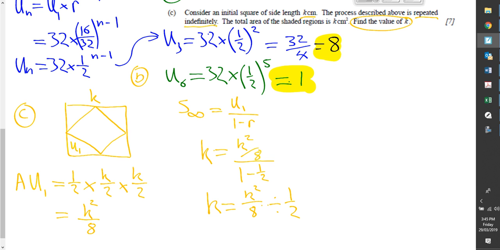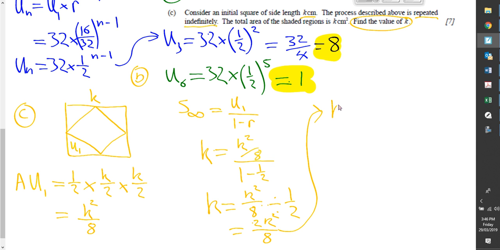And if we simplify that further, we'll flip that over and make that a multiplication. So we'll end up with 2k squared over 8. Take this over here, we've got some more room. Simplify again.